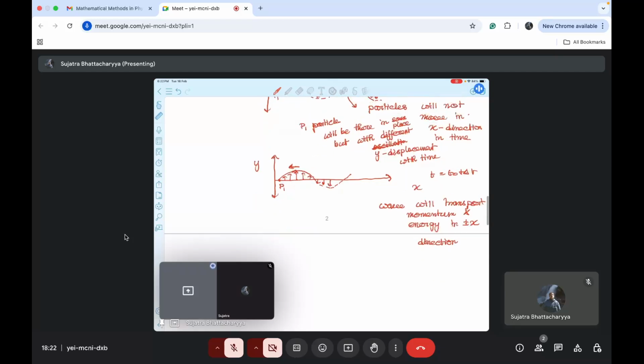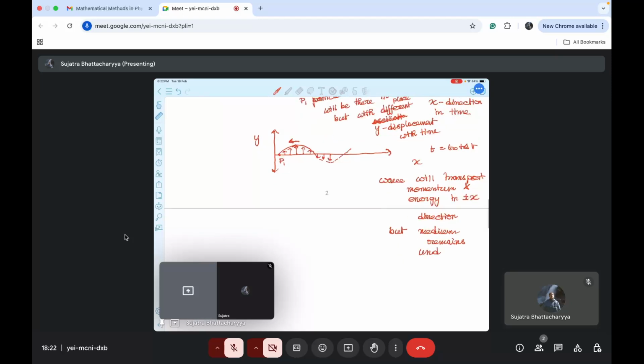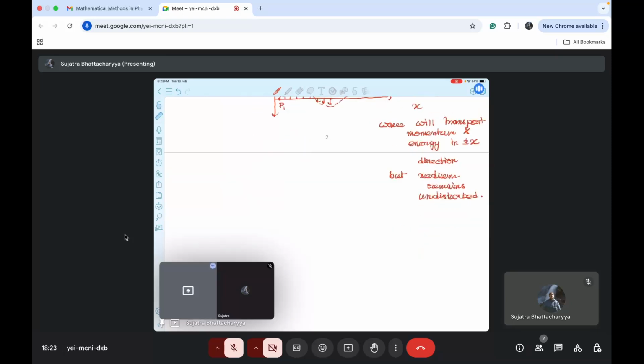It will transport energy in the plus minus x direction, but the medium remains undisturbed. The medium will not change, so the particle, wherever it is, will remain there. So this is the general idea of waves.